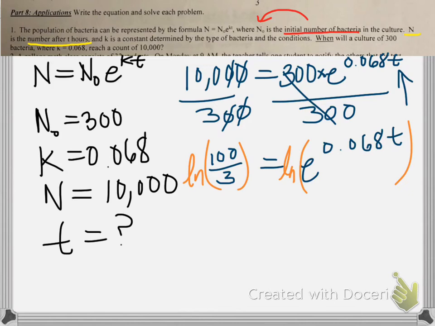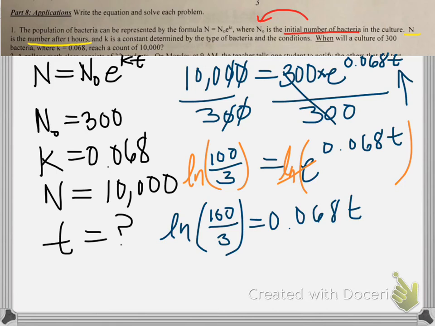And what this does is it cancels the ln and the e. So now you only have this. All right, there you go. So the ln and the e canceled. So now you have ln of 100 over 3. And then you plug this into the calculator, right?